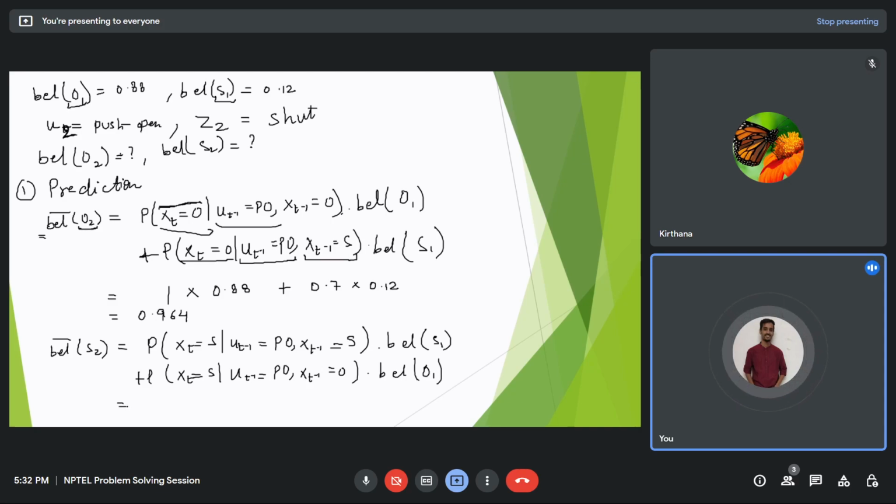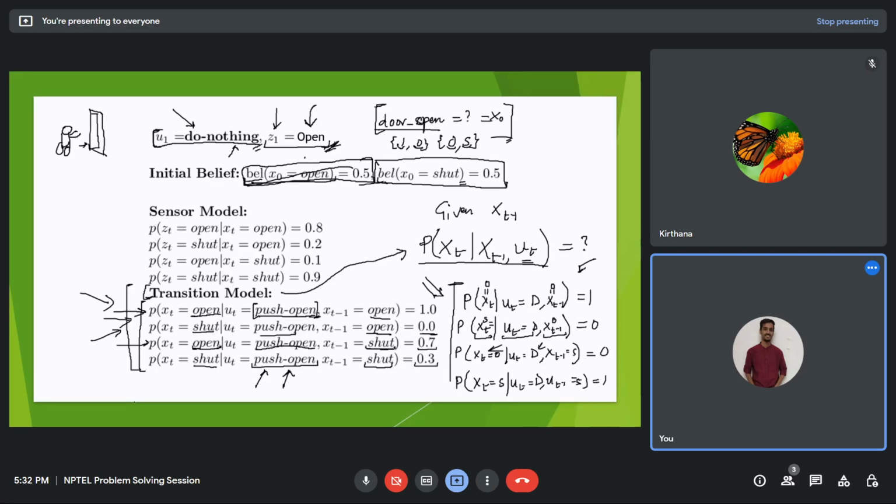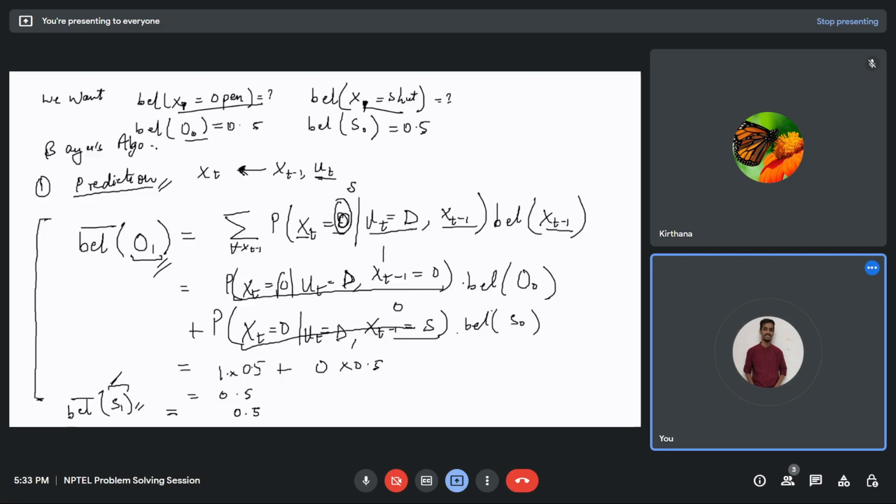So what will this come out to be? The probability of being shut when it was shut earlier and we had pushed to open is 0.3, right? And the probability of it being shut when it was open before is 0. And that makes sense actually. If it was open before and you have pushed to open, then it should remain open.